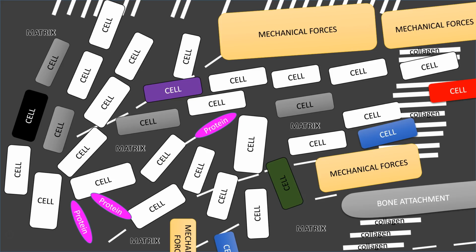So this is a representation of a microscopic view of Dupuytren tissue. So we have cells, we have proteins, we have the matrix, which is the glue that holds all the cells together in your tissues. We have mechanical forces, and we have collagen strands, and all of these things are in the same picture.